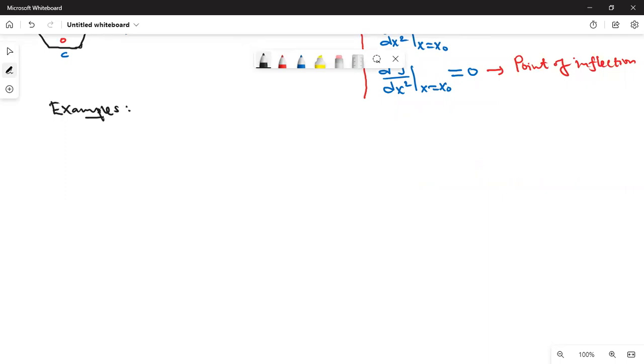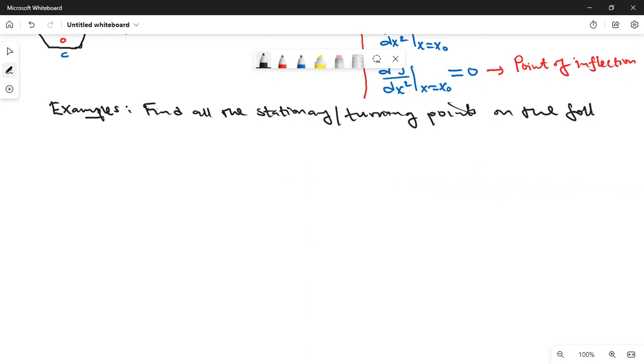You are told to find all the stationary points, or turning points, on the following curves, and hence classify the points.